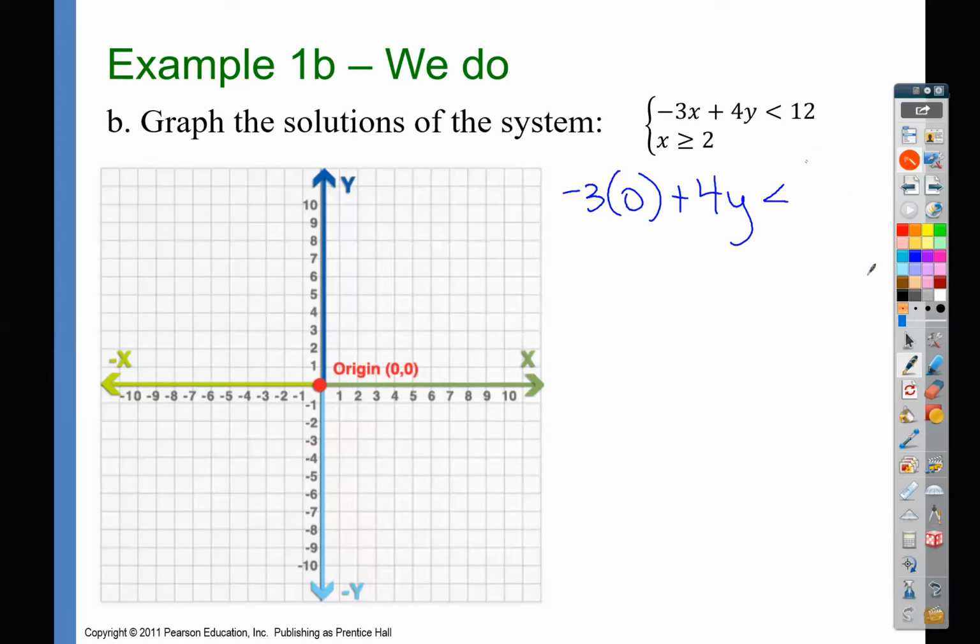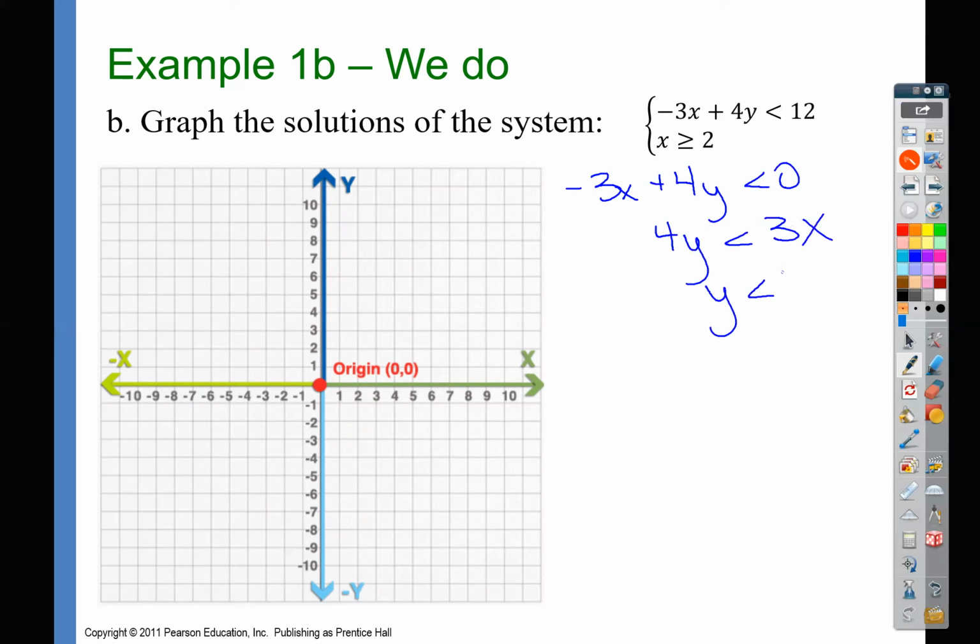Well, actually, I want to keep this straight and still do slope-intercept. So negative 3x plus 4y is less than 12. I'm going to add 3x to both sides and divide by the 4.